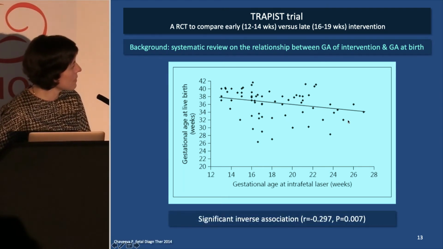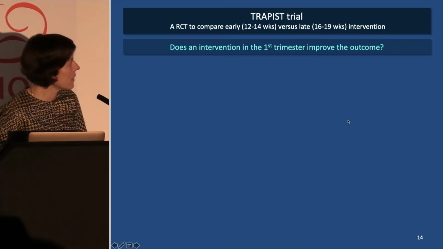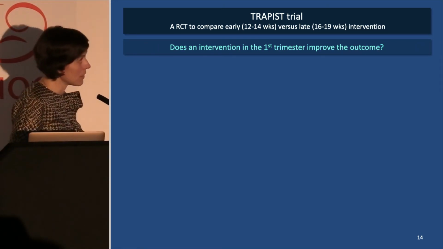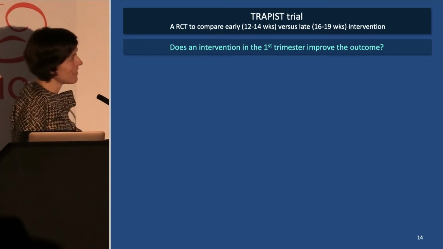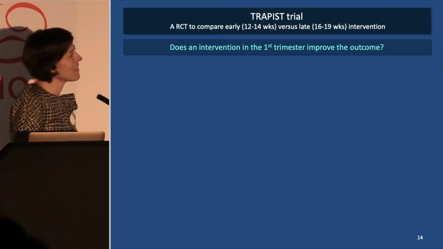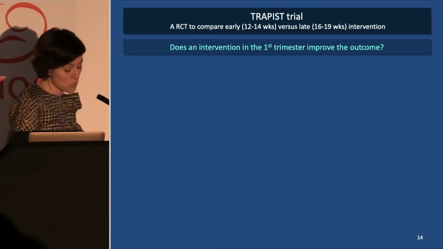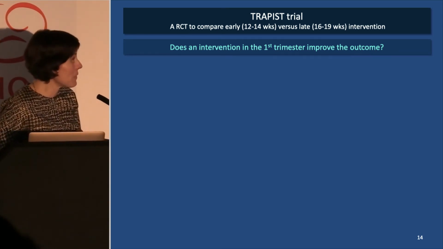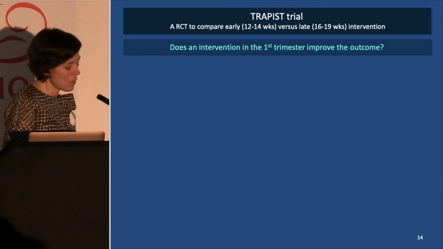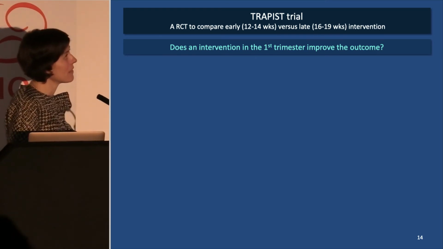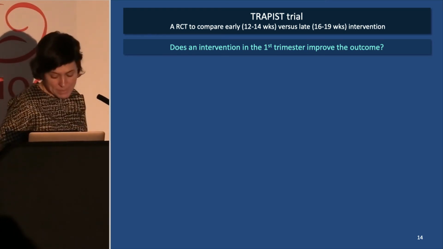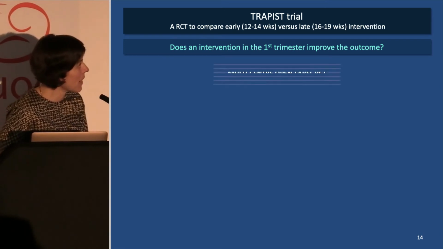So that was the incentive for the trial, to see if the babies that now die in the first trimester can be saved by doing the surgery earlier, obviously without compromising the outcome for the ones that would have made it to 16 weeks, because you expect that the miscarriage rate will be higher.